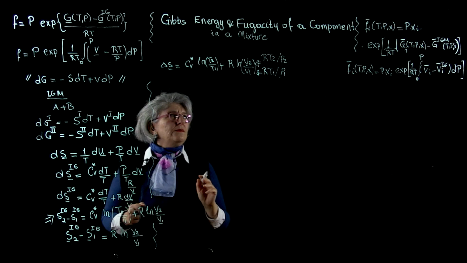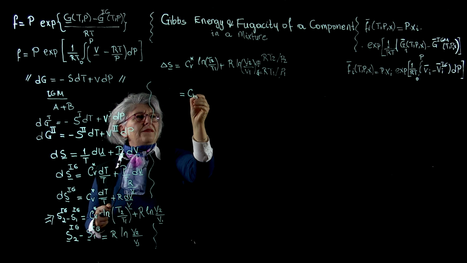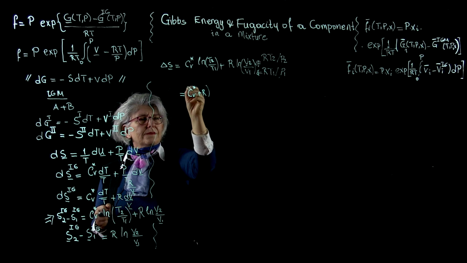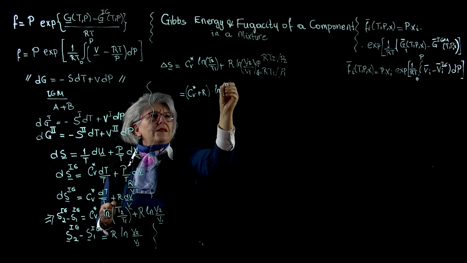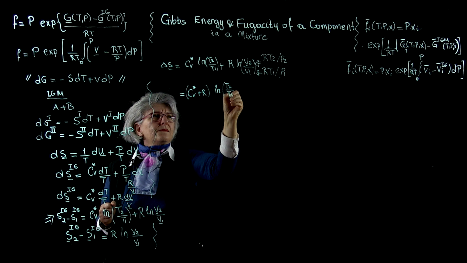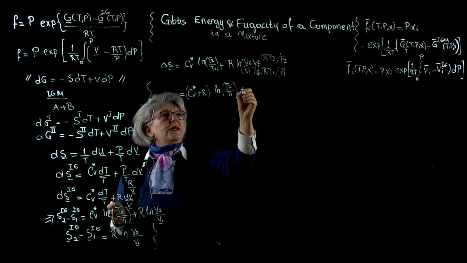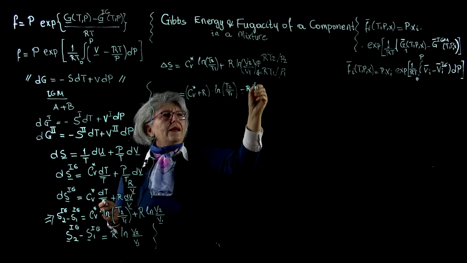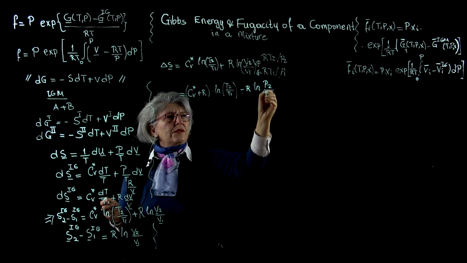When I do so, I have Cv plus R times ln T2 over T1 minus R ln P2 over P1.